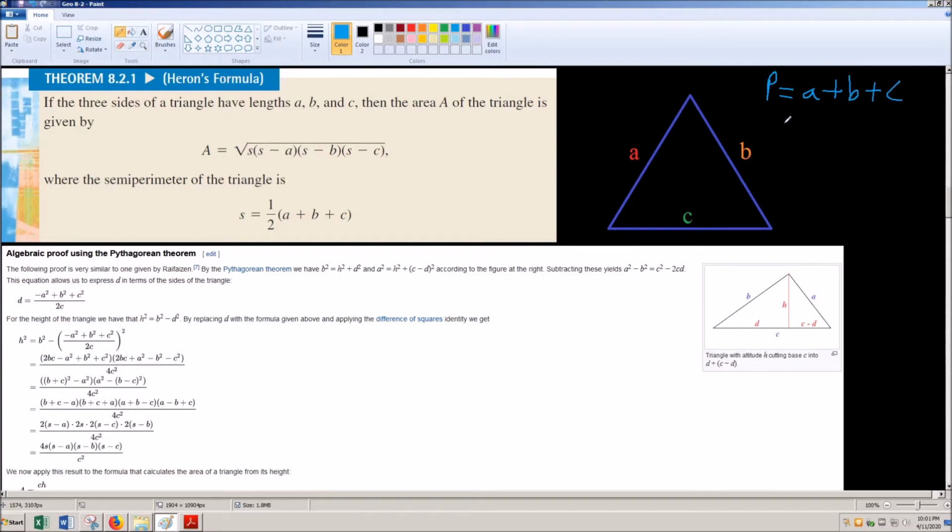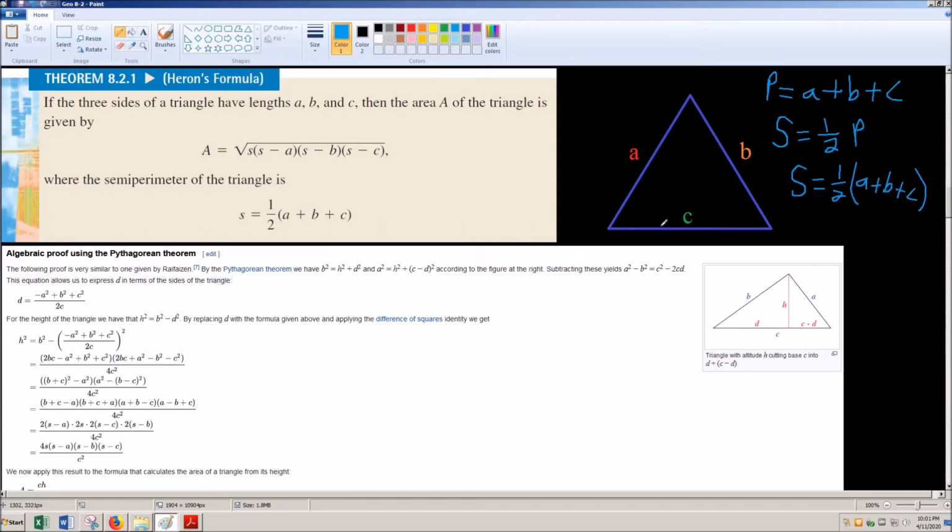And now I'm going to introduce a new concept, and that's a semi-perimeter. A semi-perimeter equals 1/2 of the perimeter, so the semi-perimeter S equals 1/2 of A plus B plus C. So this S in my formula is the semi-perimeter, and that's where that comes from.